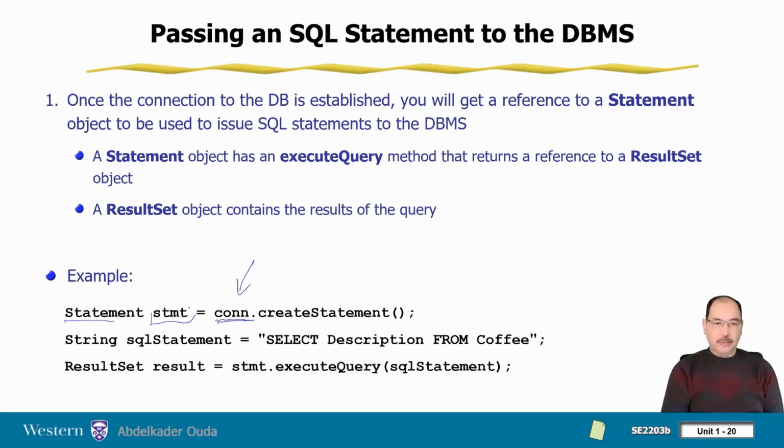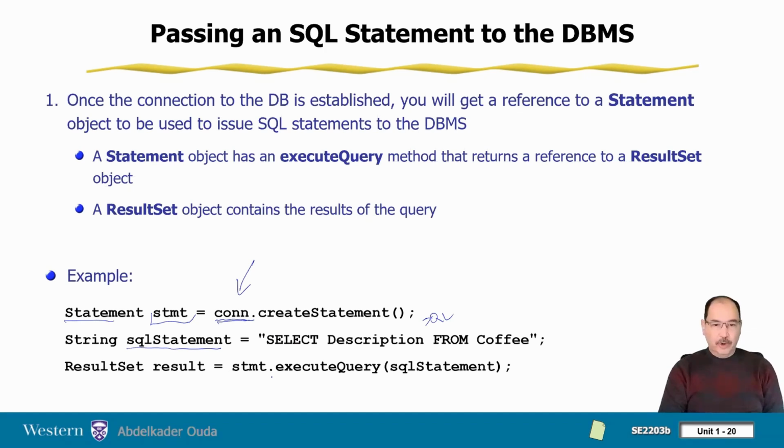Now I'm going to use this object in order to define the SQL statement to be sent to the database. Let us say I need to send the command select description from coffee. This is one valid SQL command. So I defined it as a string. Notice here we have double quotes, and this is simply a normal Java string variable.